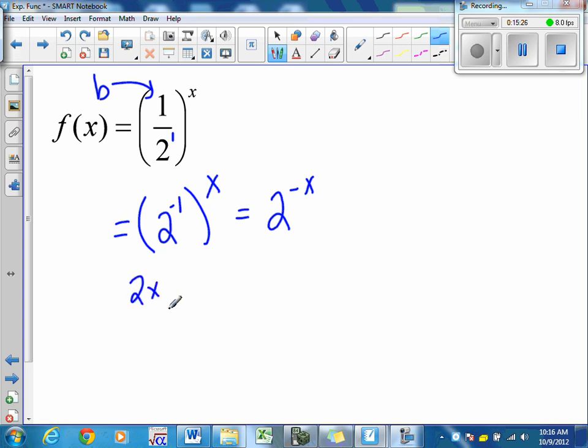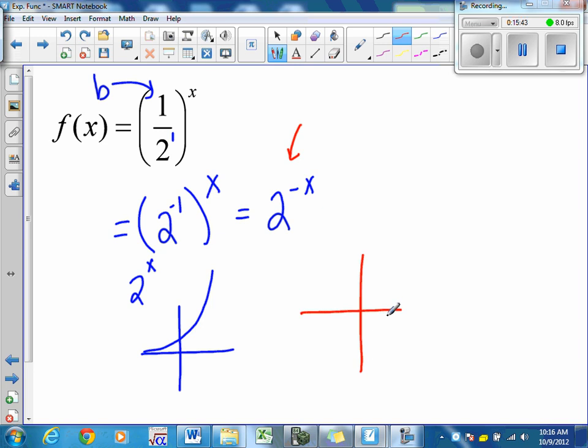Now, from the last slide, we know that 2 to the x looks like this. Think back to parent functions. Negative inside the function. Does that flip it over the x or over the y?